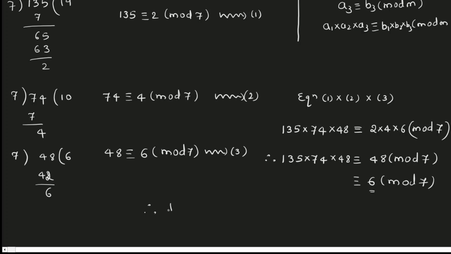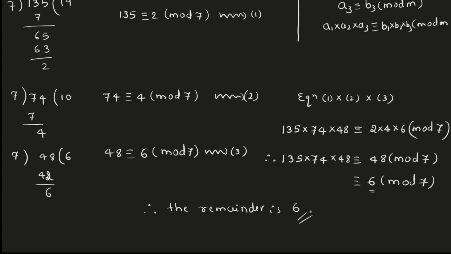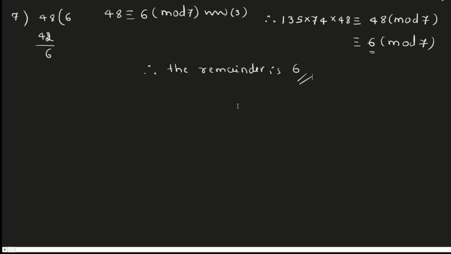Therefore, the remainder is 6. That is, when 135 into 74 into 48 is divided by 7, the remainder we get is 6. This is how we solve examples like this.